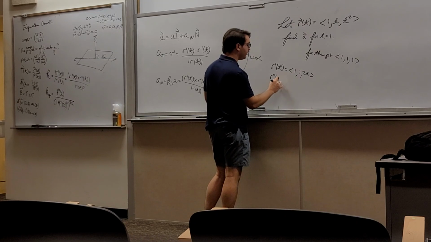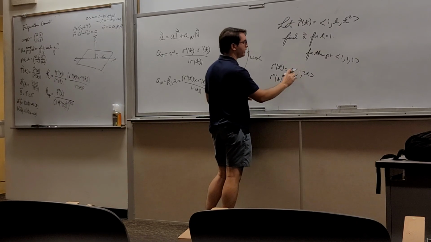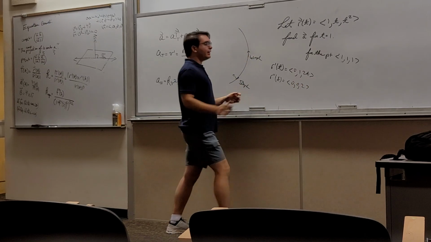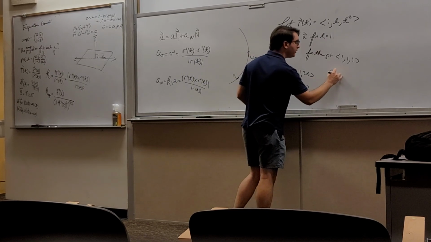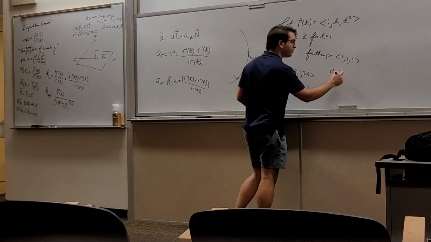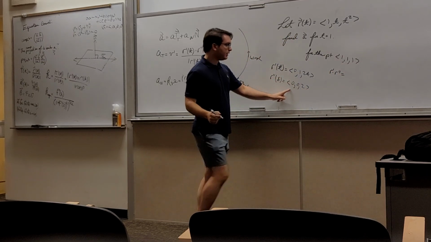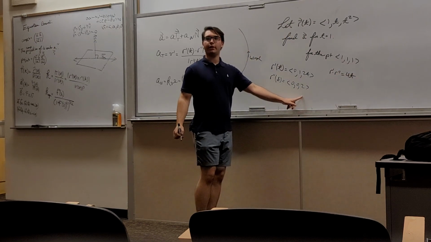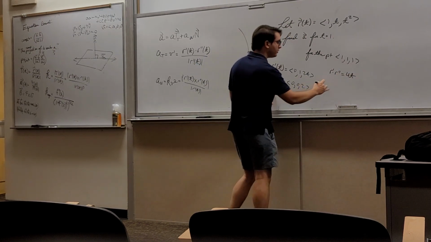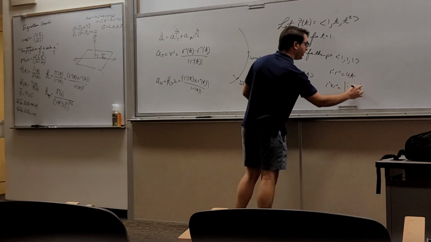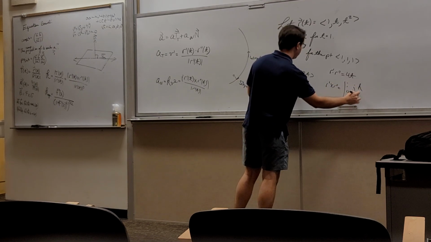Okay. Now, r prime of t is equal to 1, 1, 2t. R double prime of t is 0, 0, 2. Right? Now, let's do some things. R prime dot with r double prime is equal to what? 4t. Now, r prime cross r double prime is equal to i, j, k, 1, 1, 2t, 0, 0, 2.